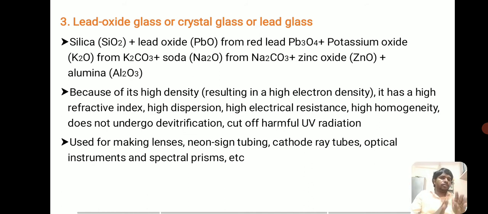This glass cuts off harmful UV radiation, and is used for making lenses, neon sign tubings, cathode ray tubes, optical instruments and spectral prisms.